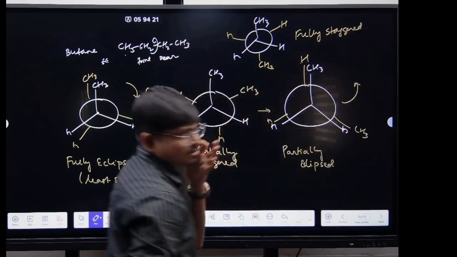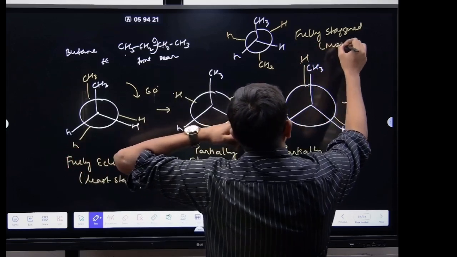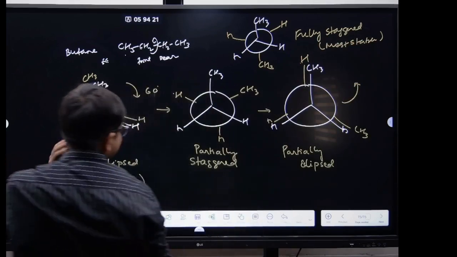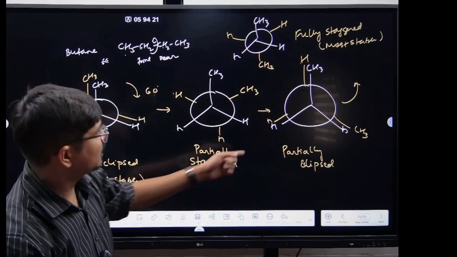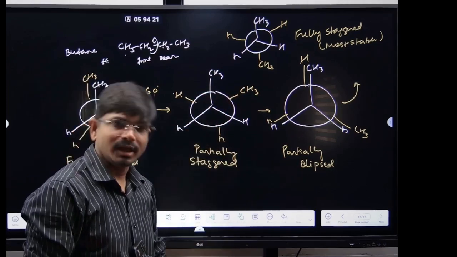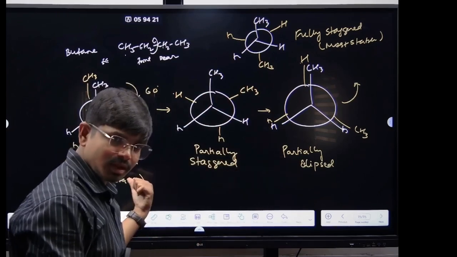So which is the most stable one? Obviously this one. This is the most stable one, and this one is the least stable one. After that, what will come? This staggered one is more stable than the eclipsed one. Clear? After that, this, then it will come like this one.